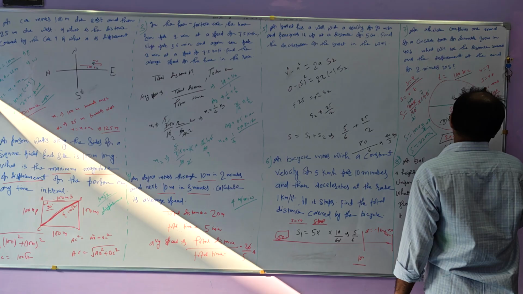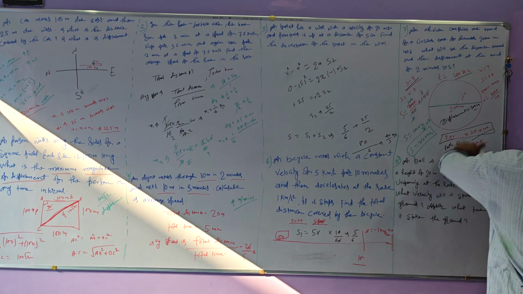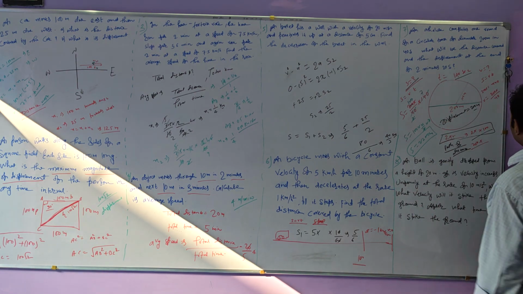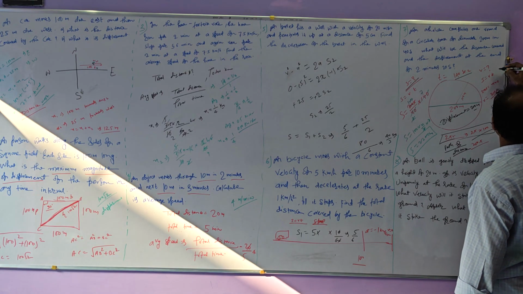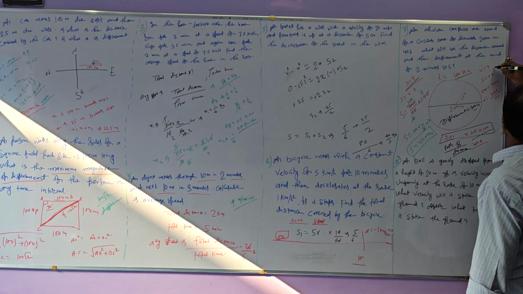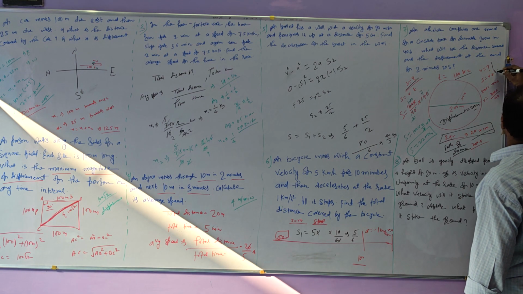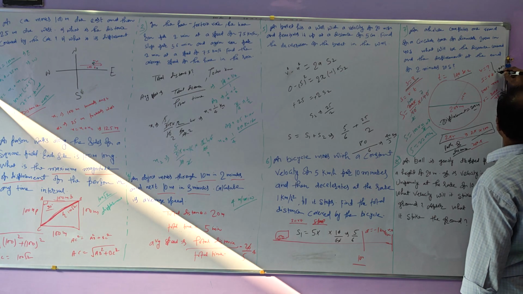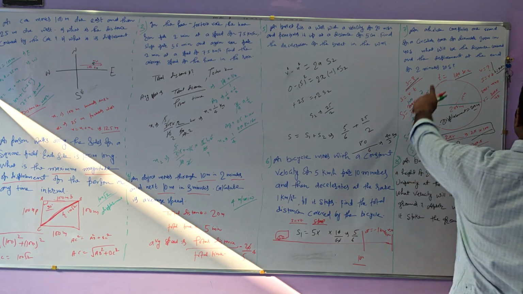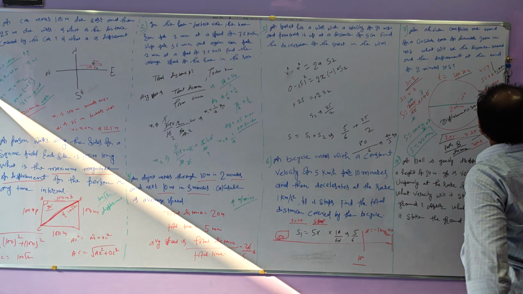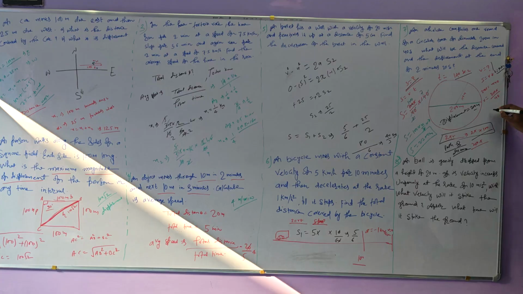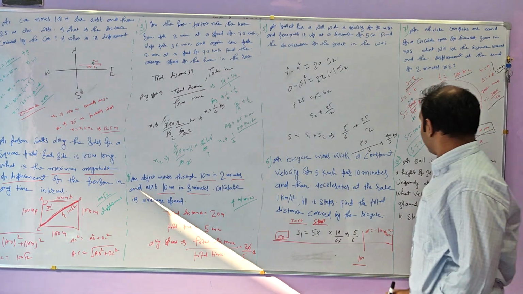Distance is 200 pi overall, and this is for t equal to 40 seconds, when the athlete completes one round, that is v is equal to 200 pi upon 40.